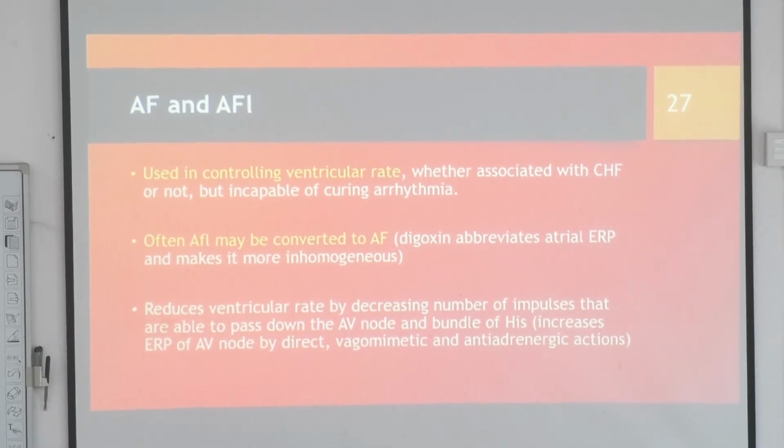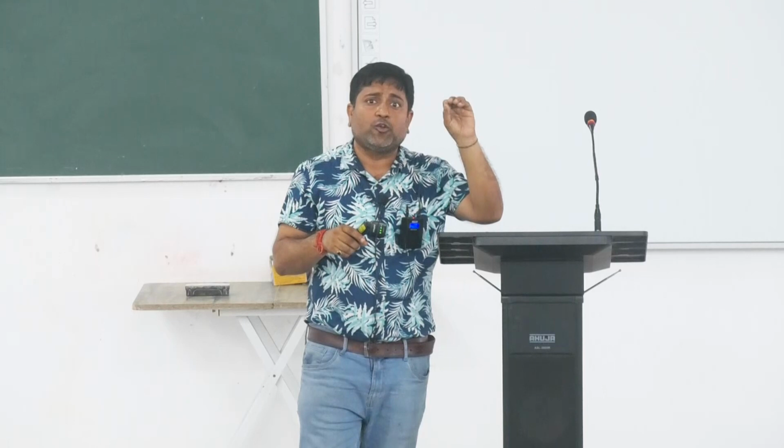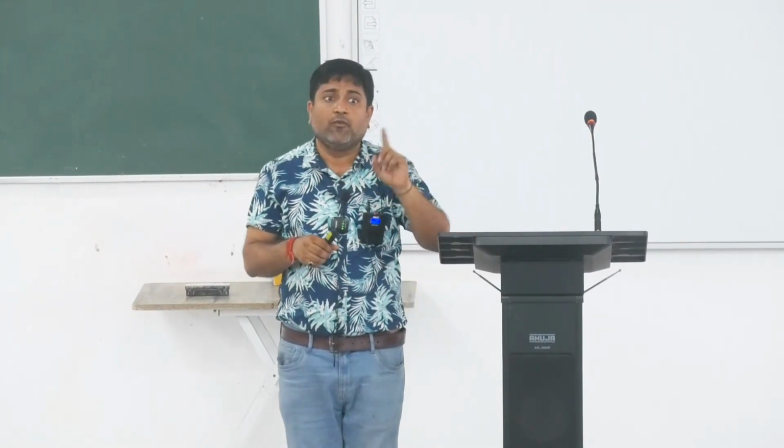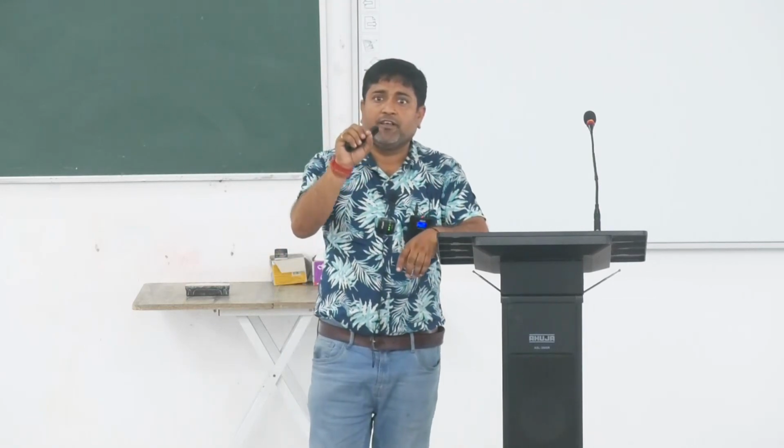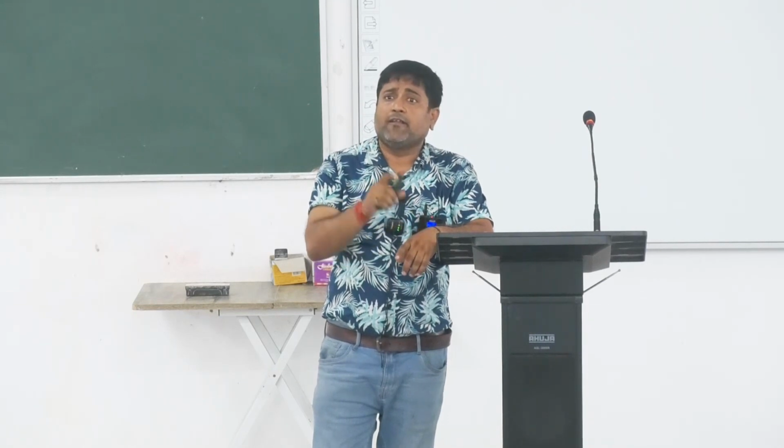Atrial flutter, what does it mean? In atrial flutter, many foci of the atria are developed. Impulses are not generated from the node, but from various atrial ectopics, but they are homogeneous, they are regular. Atrial beats are developed at a regular rate, at a rate of around 150 to 200, and they are passing via the AV node at a regular interval.